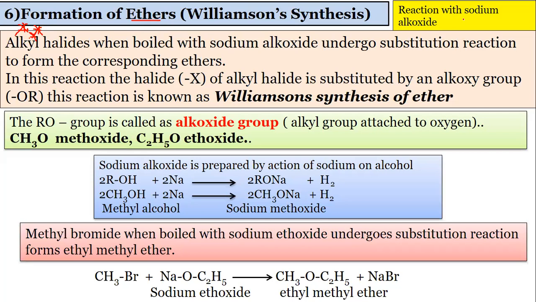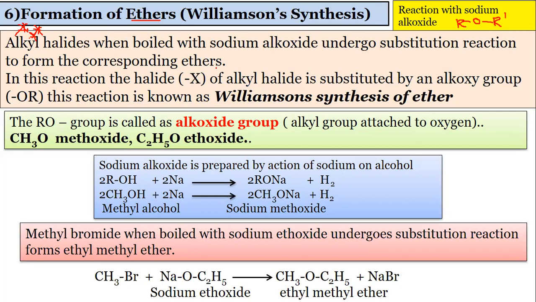Ethers means this is the functional group of ether: ROR, or it may be ROR', or Ar-O-Ar, or R-O-Ar. So it may be an alkyl group or it may be aromatic. When the oxygen is in between alkyl or aryl groups, it is called an ether.